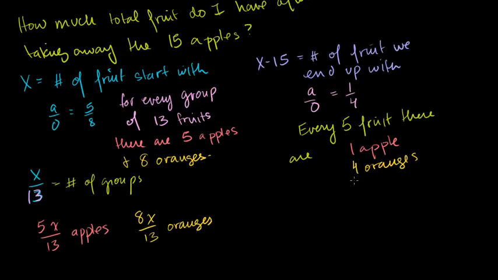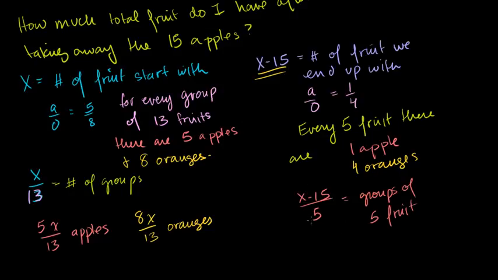Fair enough. So how many groups of 5 fruit do we have? Well, this is the total number of fruit we're left with after we took 15 away. So we take the total number of fruit, x minus 15, divided by how many fruit we have per group, and this is equal to the groups of 5 fruit.